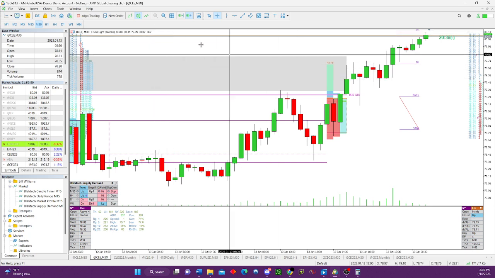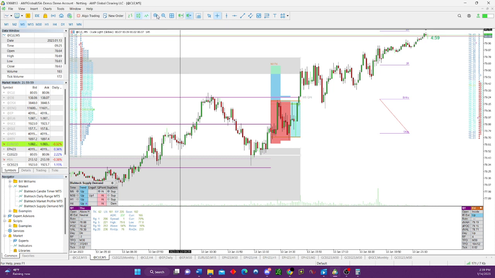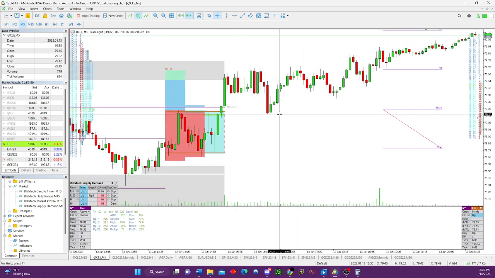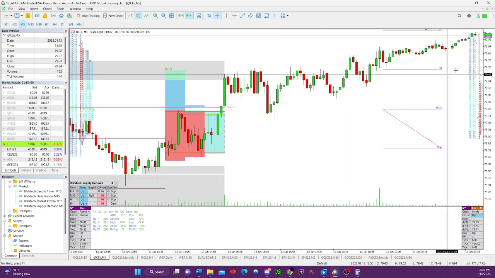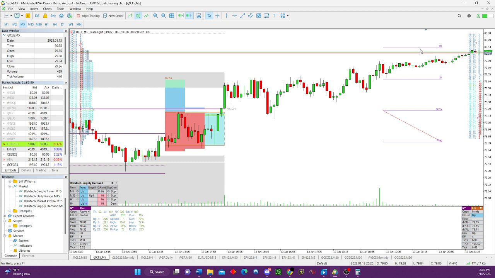So that was my mistake, going into a lower time frame and micromanaging the trade. I should have stuck with the higher time frame, and I should still have been in that trade and gotten an almost full 2R. But hindsight is beautiful and doesn't exactly go as planned.